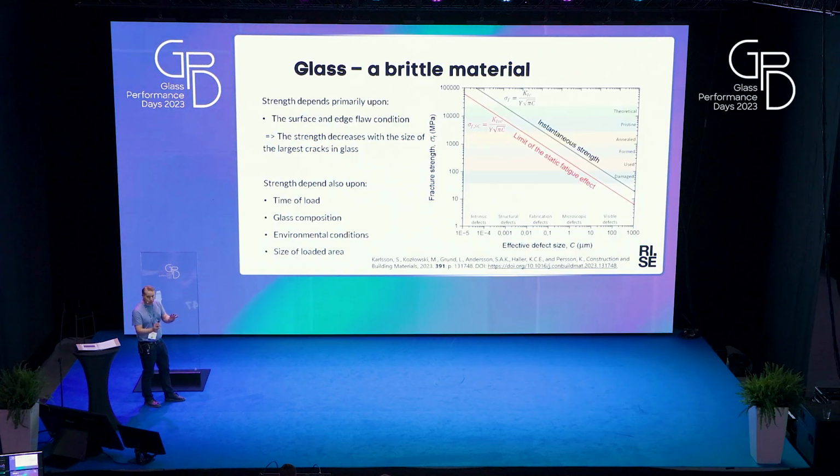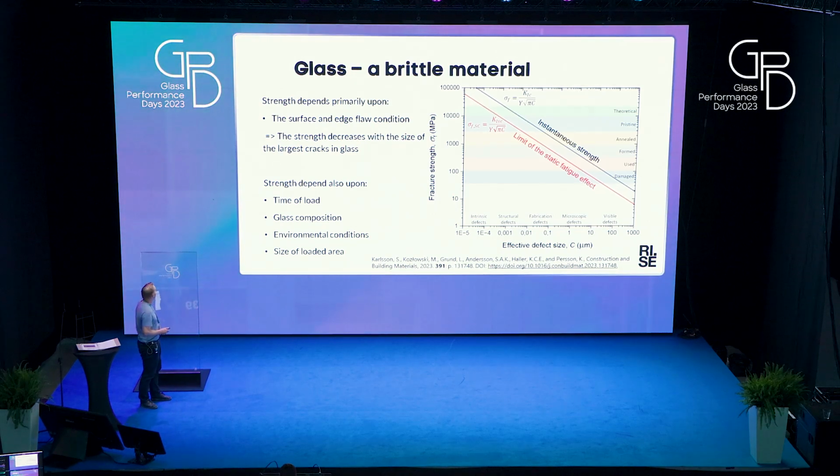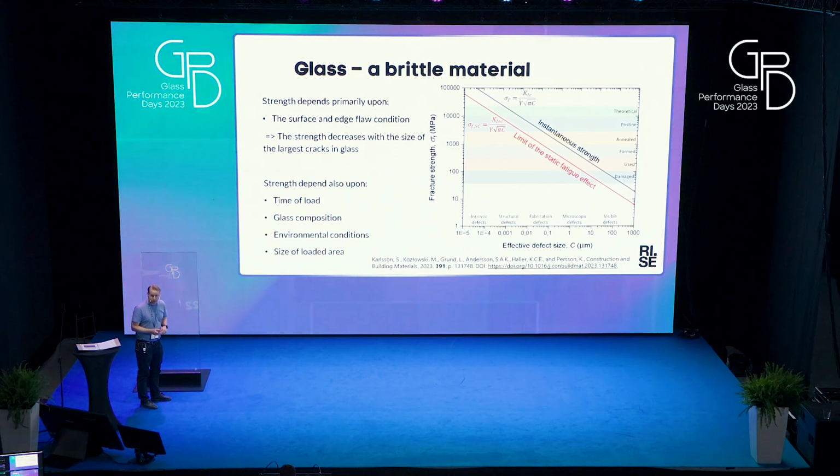So all of you know that glass is a brittle material. So strength primarily depends on the surface and edge flaw conditions. And the strength decreases with the size of the largest crack. So it's basically statistically distributed, and this graph to the right explains very well how glass strength works.